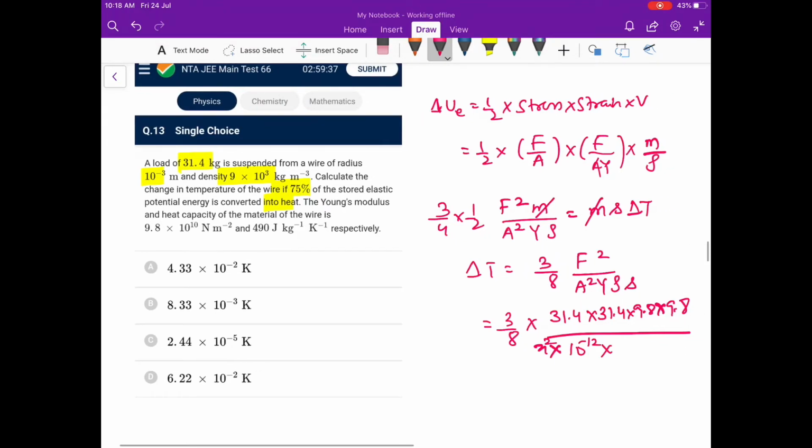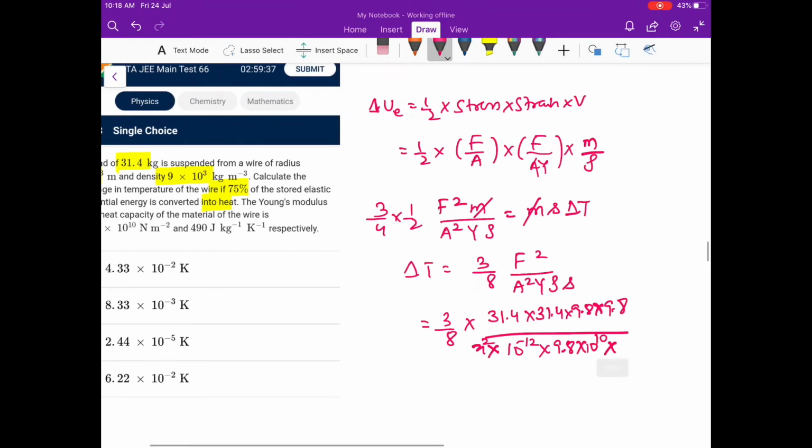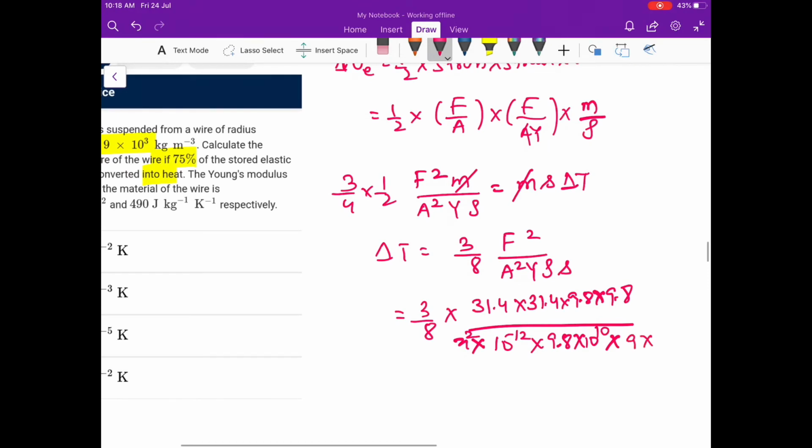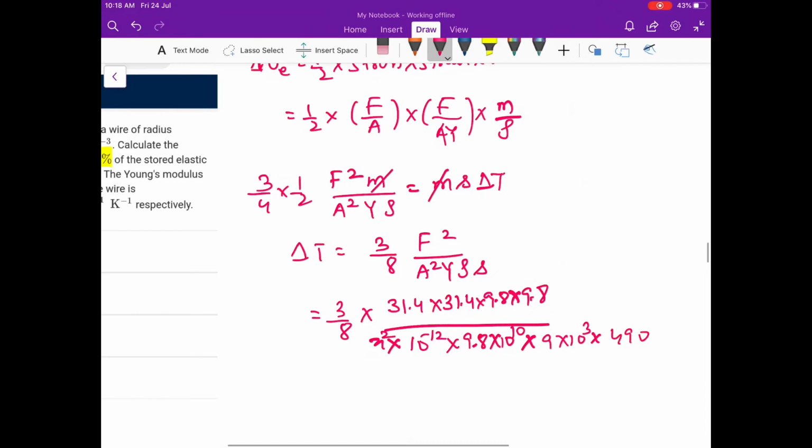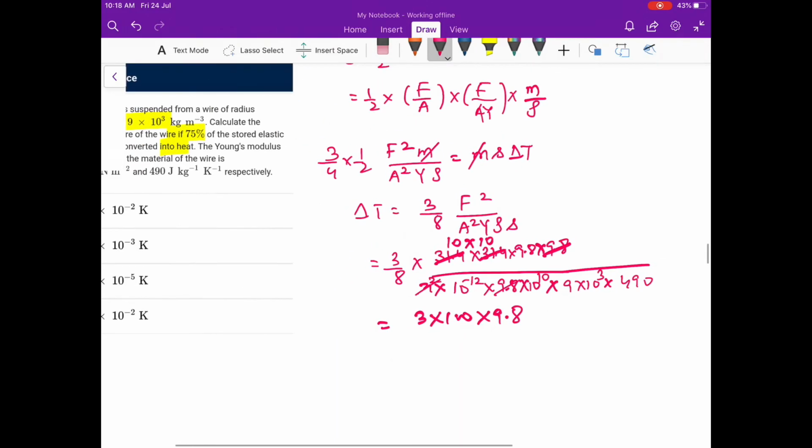Now Young's modulus is 9.8 into 10 to the power 10. The density is 9 into 10 to the power 3, and the specific heat is 490. Now the 9.8 gets cancelled, pi square with 31.4 gives 10 and 10. So we have 3 into 100 into 9.8, divided by 8 into 9 into 49.